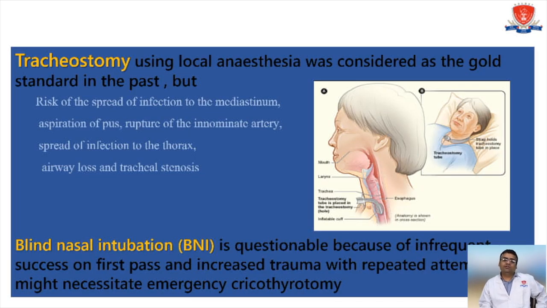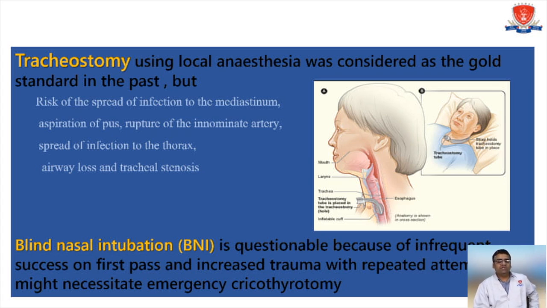Tracheostomy using local anesthesia was considered the gold standard in the past, but has risks: spread of infection to the mediastinum, aspiration of pus, rupture of the innominate artery, spread of infection to the thorax, airway loss, and tracheal stenosis.